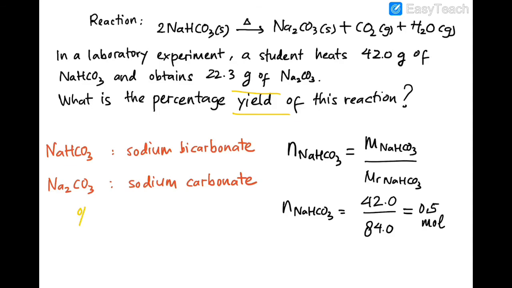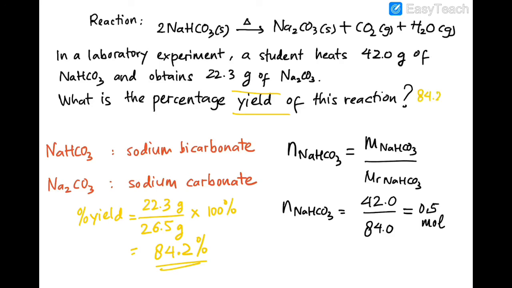The percent yield is the mass that is obtained experimentally divided by the mass that is obtained from the stoichiometric calculation multiplied by 100%, and you will get that the yield of this reaction is 84.2%. And this is the answer for this question.